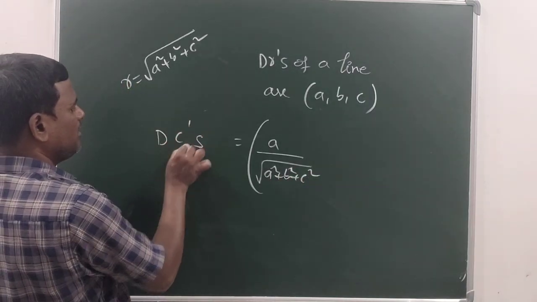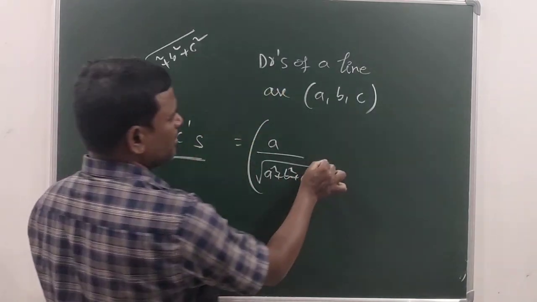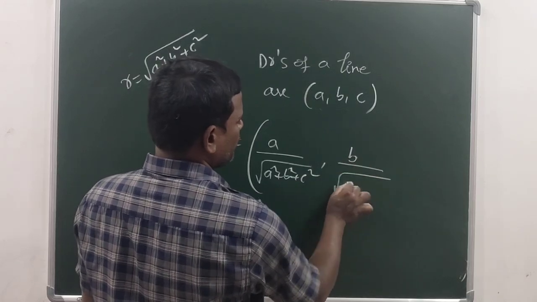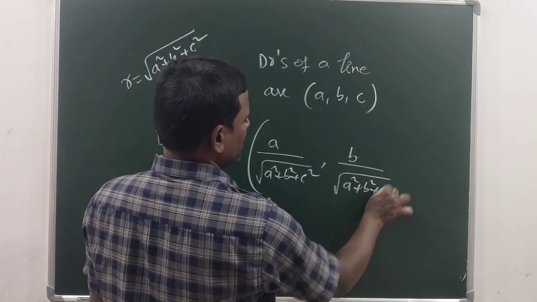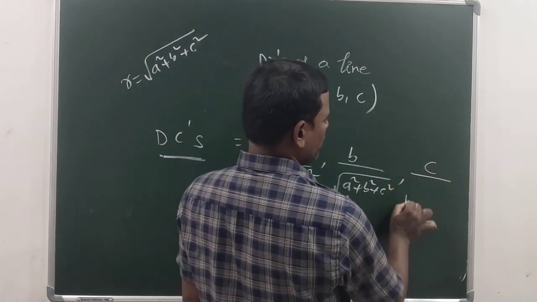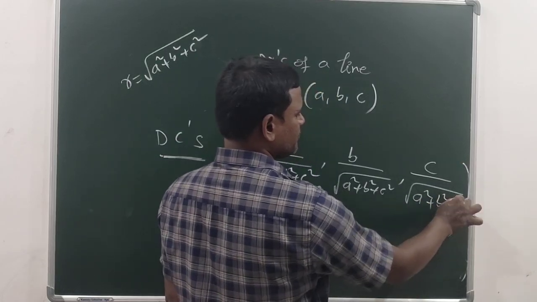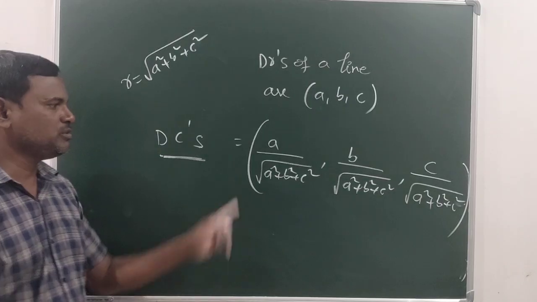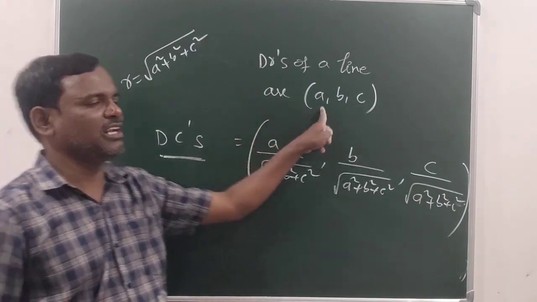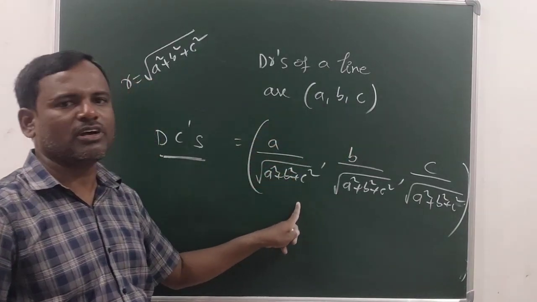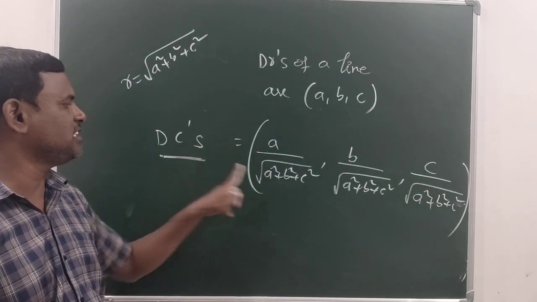These are the DCs of the same line: A by root A square plus B square plus C square, B by root A square plus B square plus C square, C by root A square plus B square plus C square. Okay, students, when the DRs of the line are given, apply this formula so that you will get DCs of the same line.